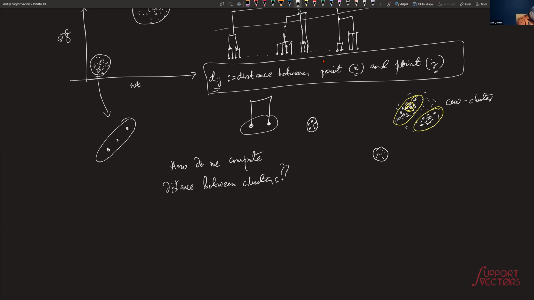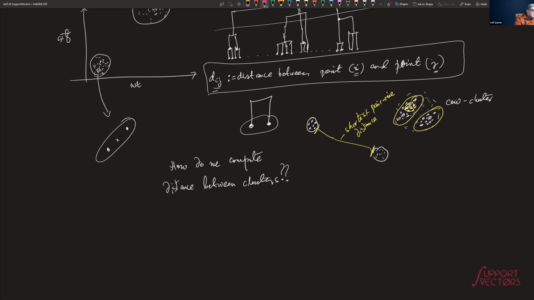And it turns out that you can have multiple answers. So for example, somebody may say it is the shortest distance between the two. Okay, sorry, I take this back. It is the shortest distance. Well, it doesn't look quite like a straight line, but imagine it's a straight line. You could say it's the shortest pairwise distance, such that one point belongs to one cluster, the other point belongs to the other.